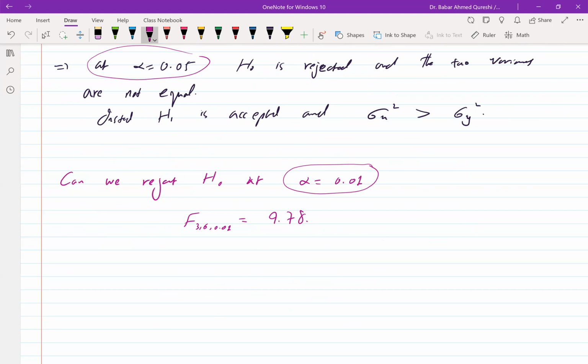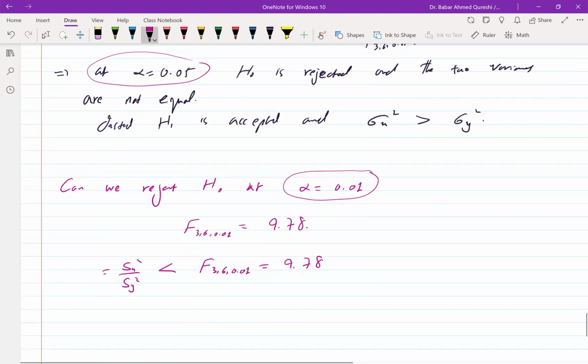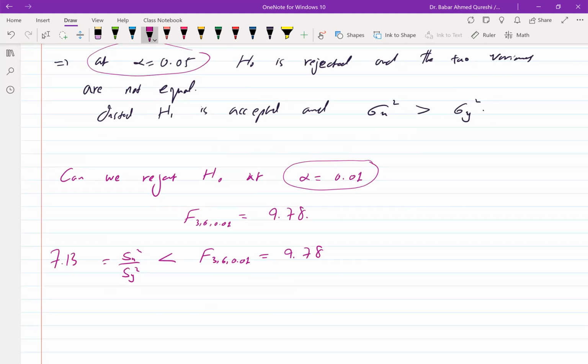So that means my number, which is just this computation from data, sx square over sy square, since it's less than this critical value, because this was something like 7.13, I cannot reject at alpha equal to 0.01.